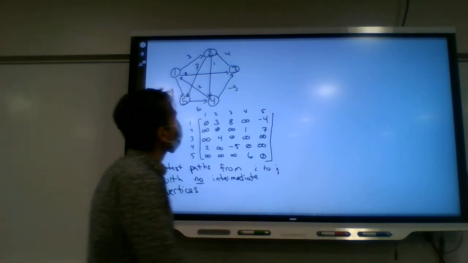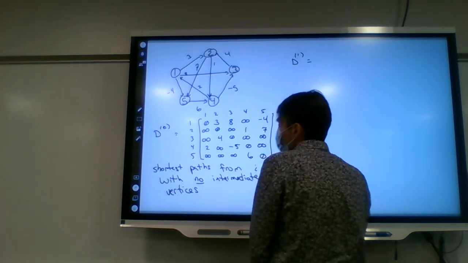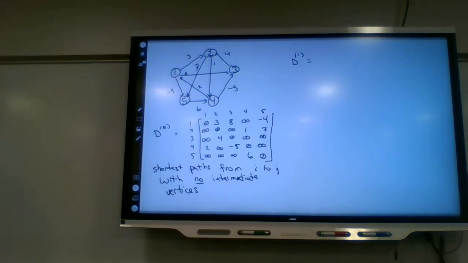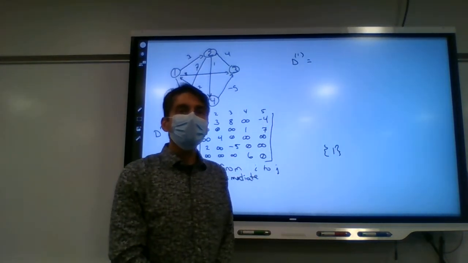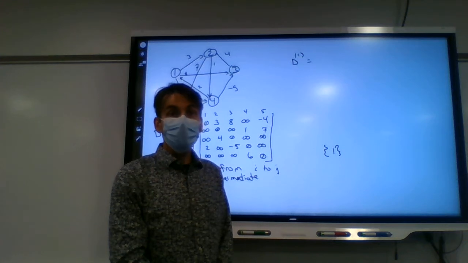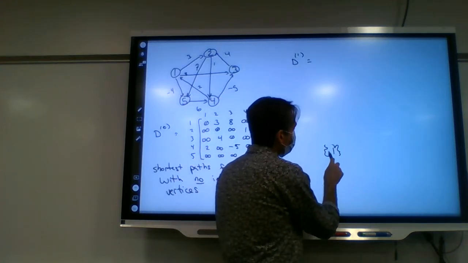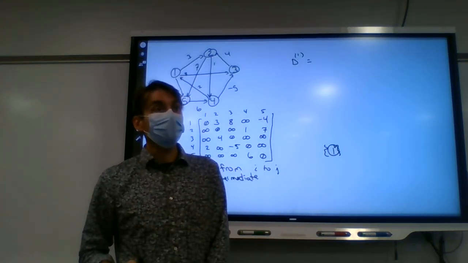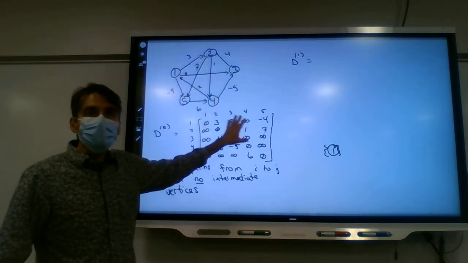Okay, now we're going to look at D1. This is going to look at all the paths whose intermediate vertices are in this set. So K is 1 at this point. But what still happens? We either include K or we don't. If we don't include K, that means this is our best answer so far.